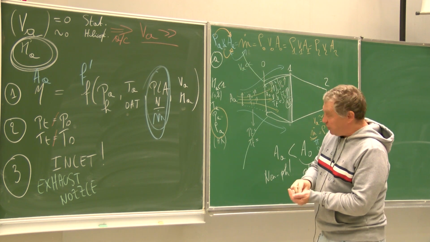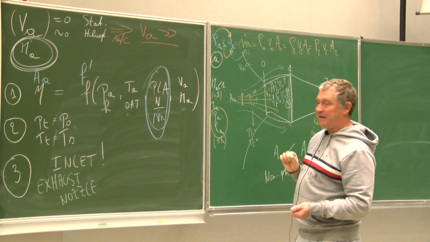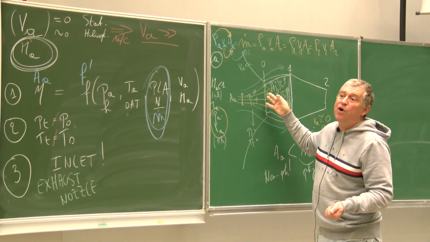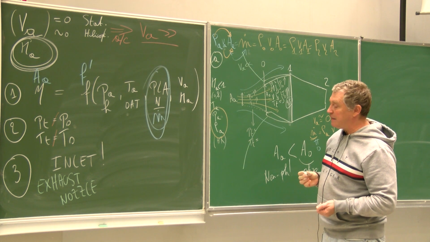And if you increase even more the speed, AA will again decrease, and you can have a flow that is more and more diverging, or a divergent that is more and more severe before the intake.